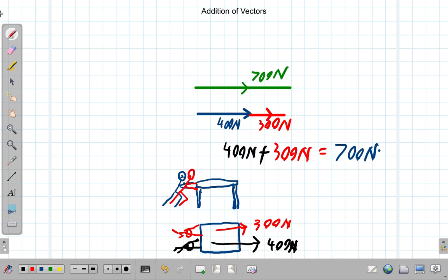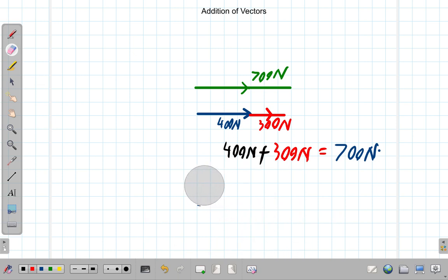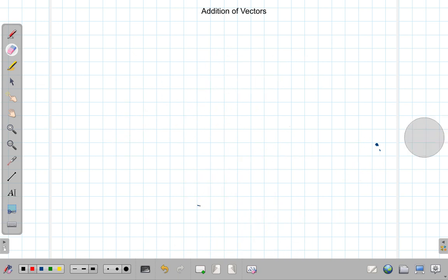Now let's look at another scenario. Let's erase all of this and look at a different scenario. Suppose now you have two persons and they're in a bit of a competition. You're saying who is stronger than who?